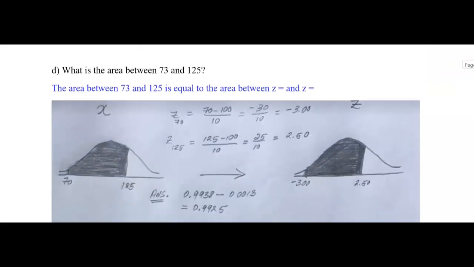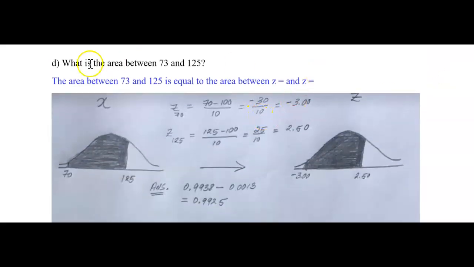Okay, next one. What is the area between 73 and 125? Well, I made a mistake here again. I did 70 and 125, so let's change it then. 70 and 125.